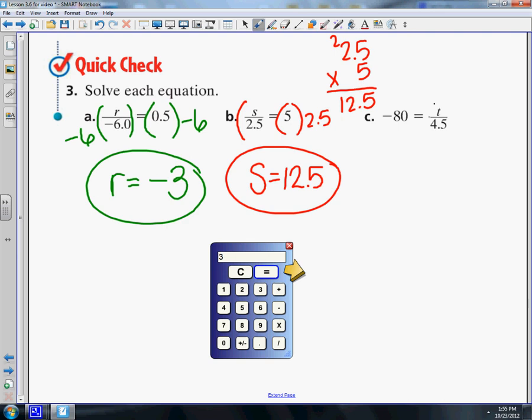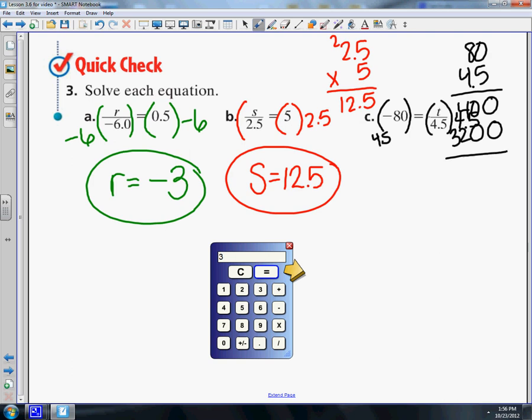And this one, I'm going to multiply both sides by 4.5. So I'm going to have 80 times 4.5. 5 times 0 is 0. 5 times 8 is 40. Add a 0, 0, 32.